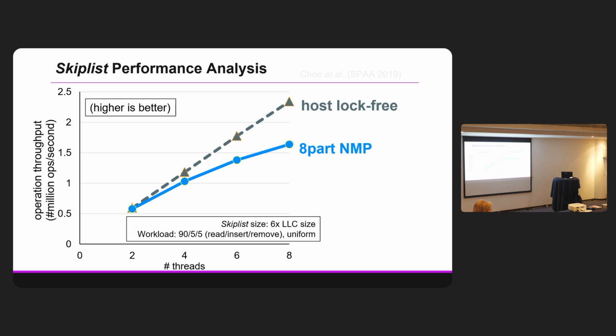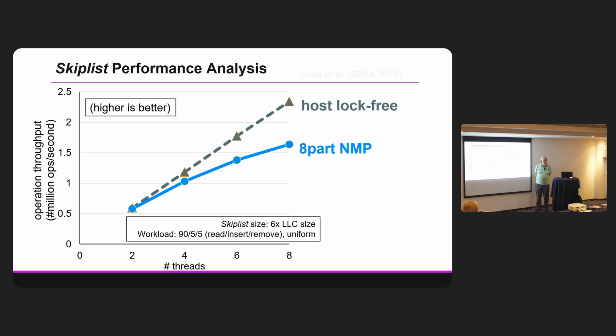What size was the NMP memory? I don't remember exactly how big that was. That's something that the graduate student who did the actual work would know. Seeing that the skip list size was 6 times the last level cache size, so 1/6 of it fits in the cache.